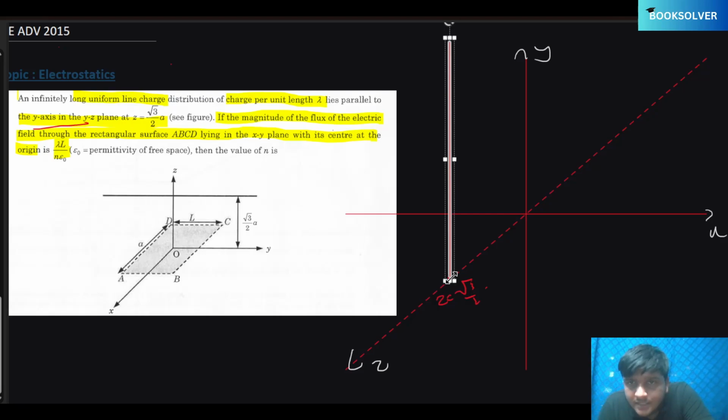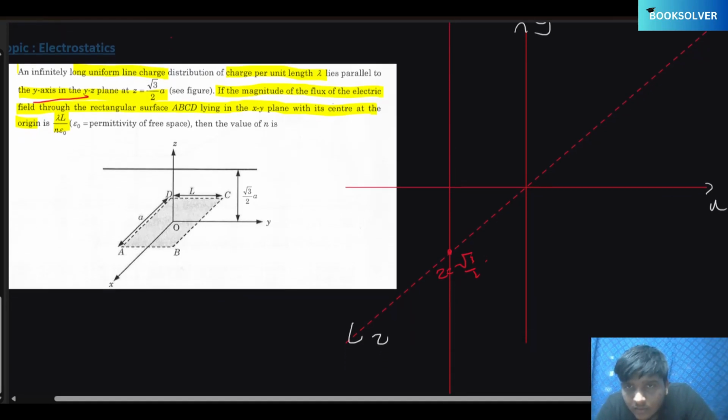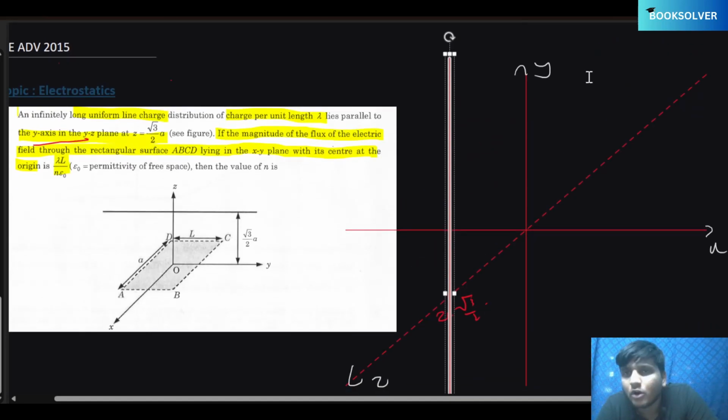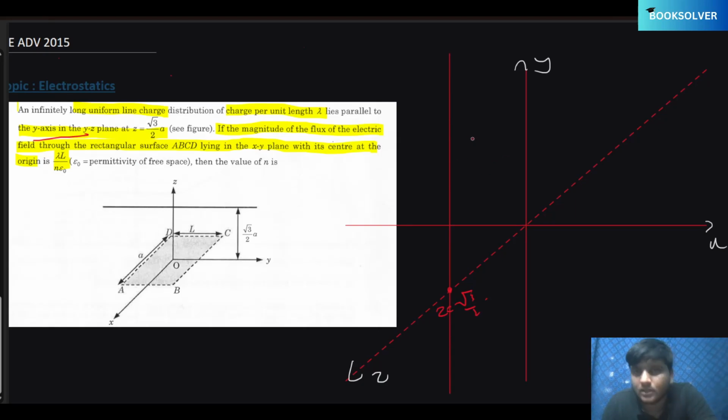As it is infinite, I can extend it up to infinity. So this is a long charge. Now where is our loop ABCD, or the surface?